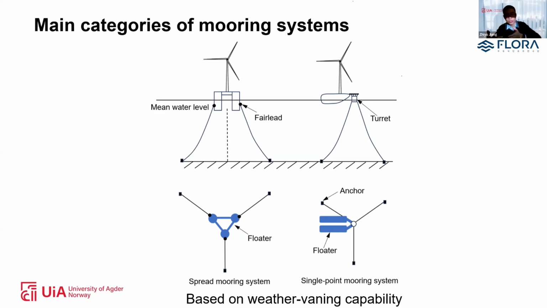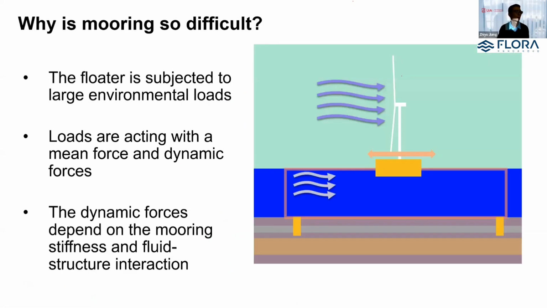That is to say, we do not need to take the environmental loads. We just make the platform adjust to the dominant direction. So there's a turret system, a turret and bearing that allows the system to yaw freely. Okay, although this is still a passive system. While for the spread mooring system, basically it is mooring lines that will pull back the system and the floater to its neutral position. So this categorization is based on weather vaning capability.